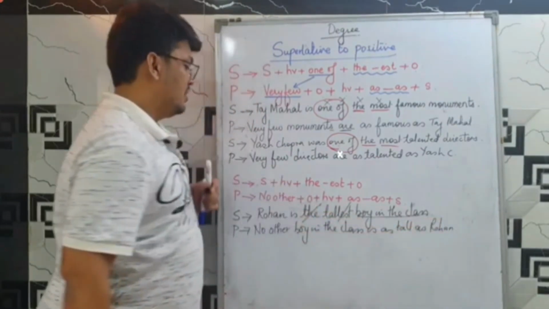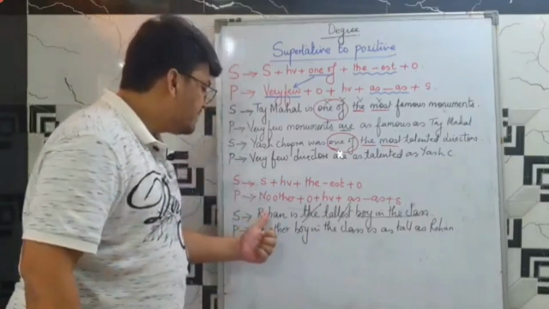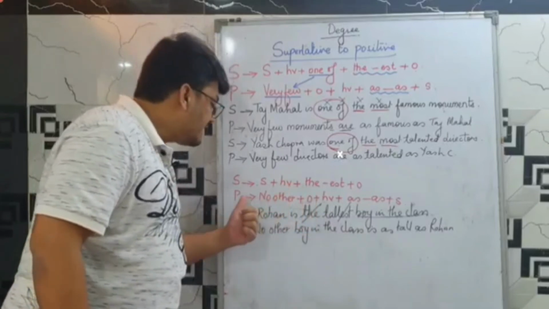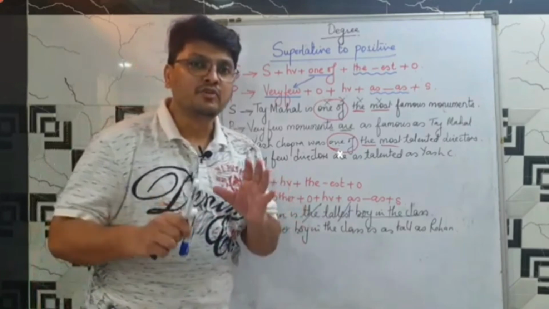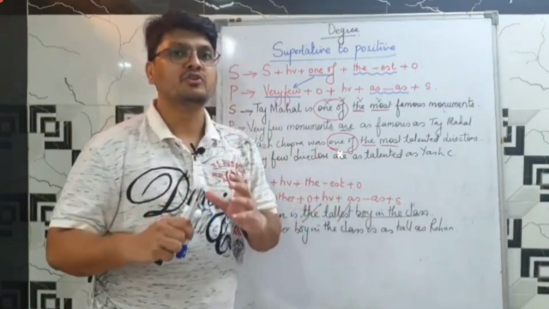As tall as Rohan. So you have seen, students, that if there is no one of in the superlative degree, I started the positive degree with no other. So don't get confused, students, about when to use very few and when to use no other.